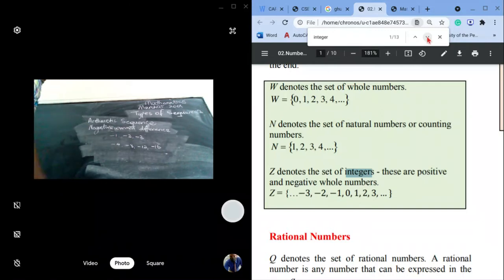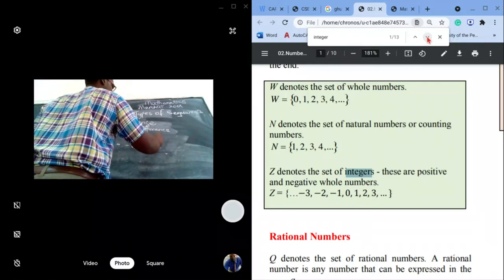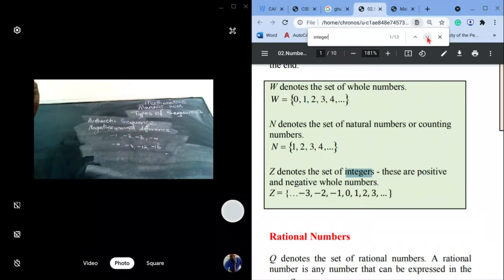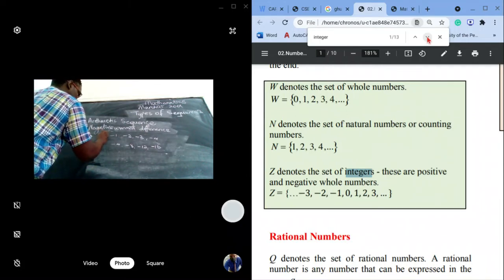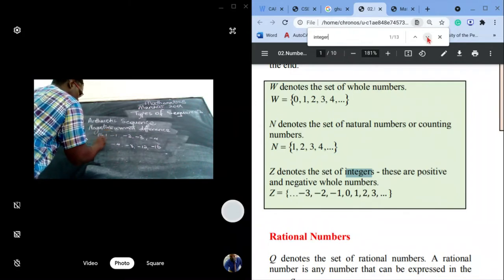All right, here we go. So these are two examples. This is example one. This is example two.